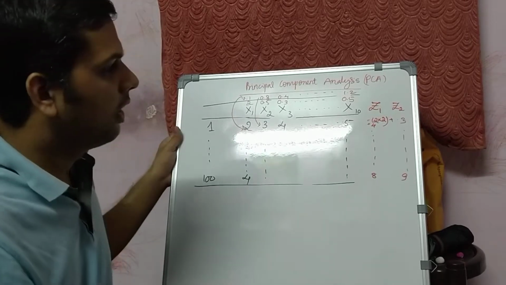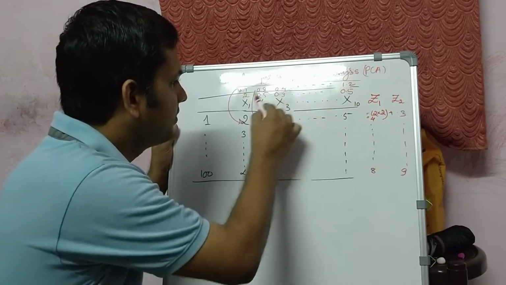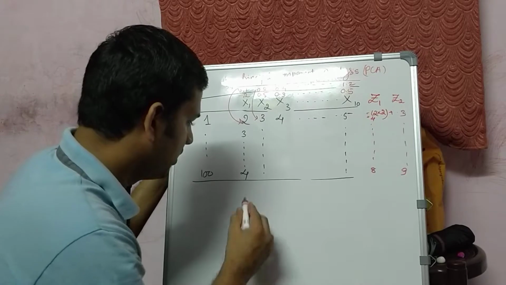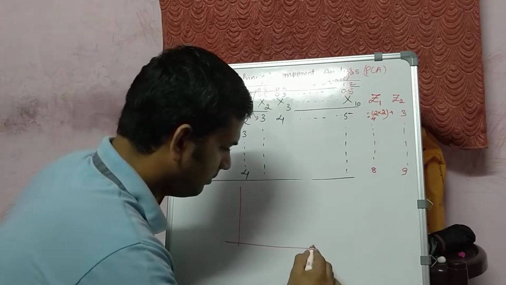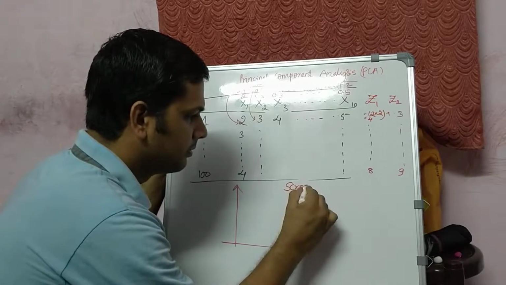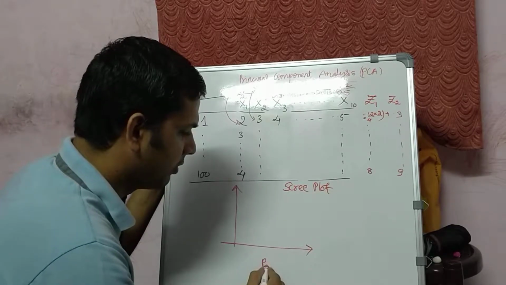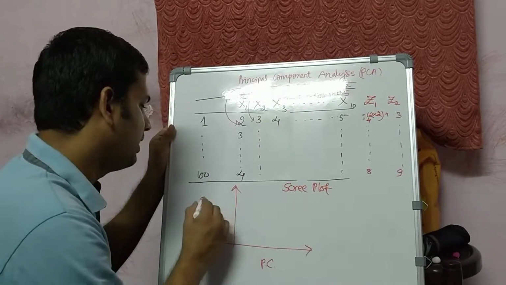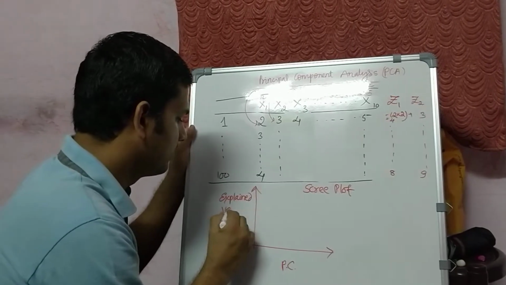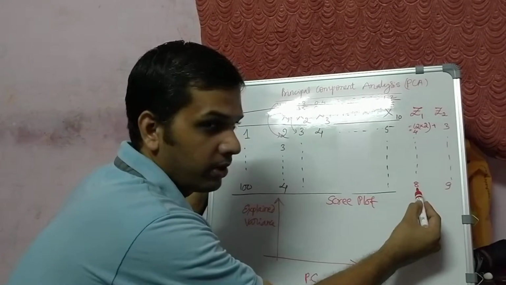So how do we know how much of the variation or information in this data set is explained by these principal components? For that, there is a plot called the scree plot. It plots the principal components on the x-axis and explained variance on the y-axis.